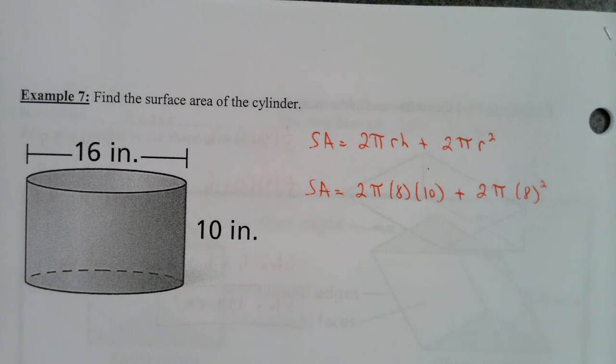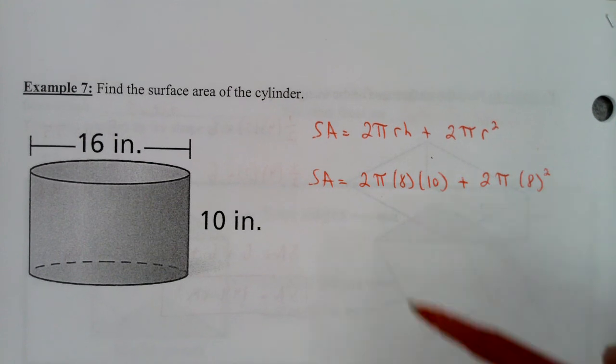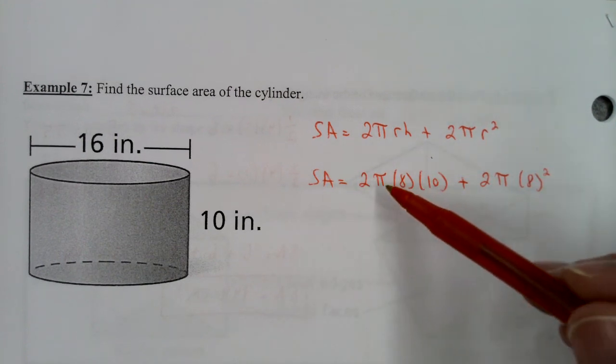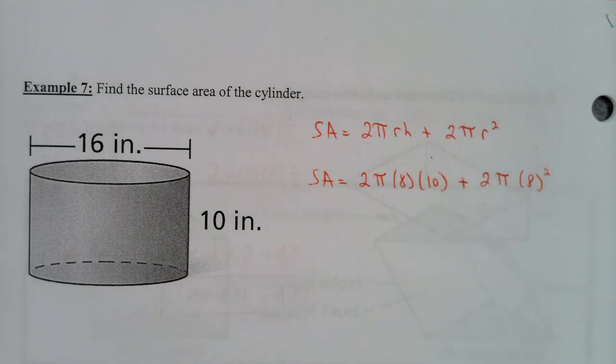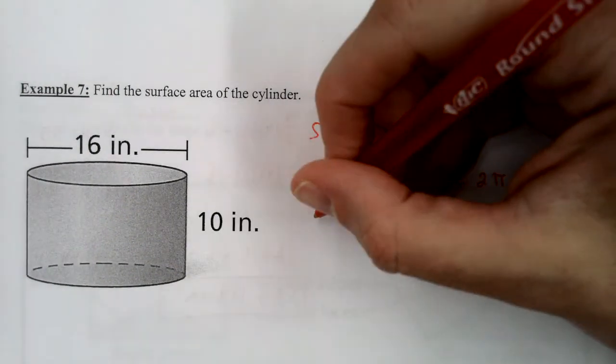Now let's clean this up. We're going to leave the answer two ways, with pi and as a decimal. So this first part, multiply everything but the pi and leave the pi alone. 2 times 8 is 16, times 10 is 160 pi.